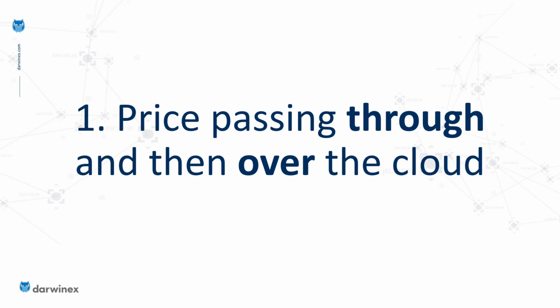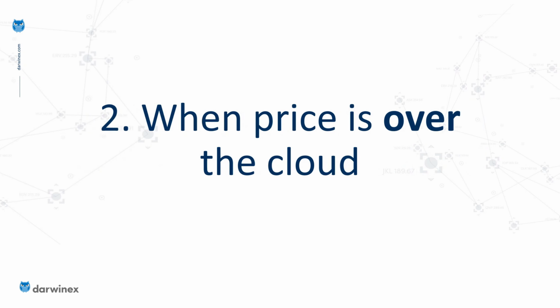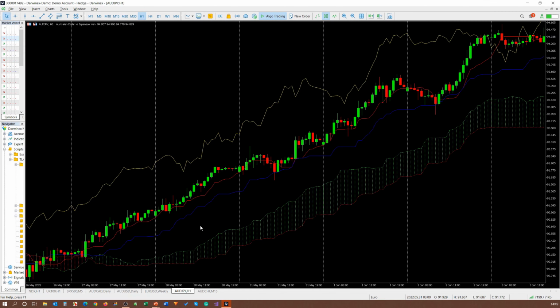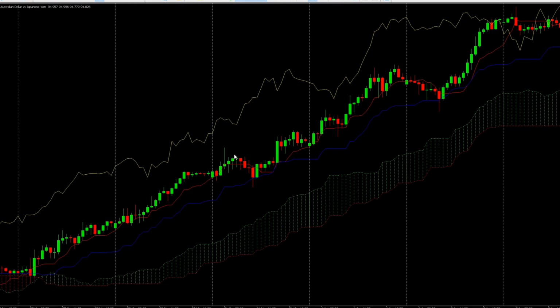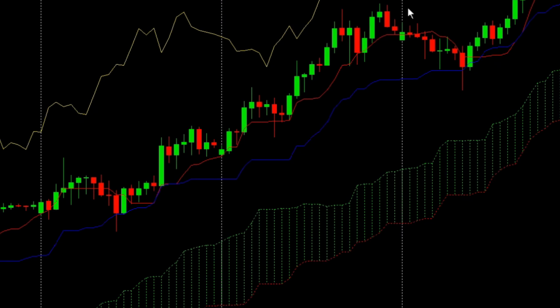And that then brings us on nicely to the second interpretation. And this is while price is over the cloud. And one of the primary interpretations here is that the cloud will now provide support to that price action. So as we can see, as price progresses, we have a number of pullbacks, but neither of those reach the cloud.